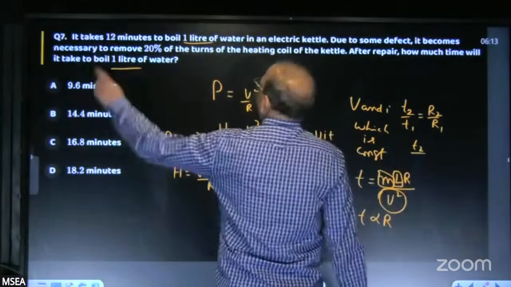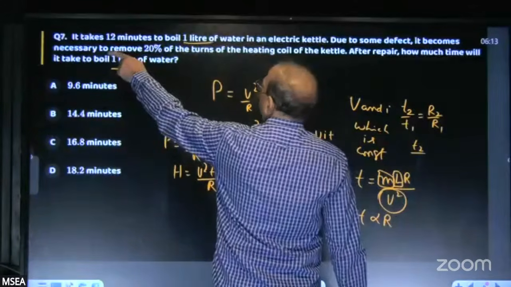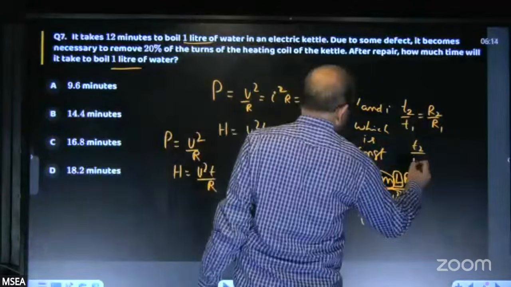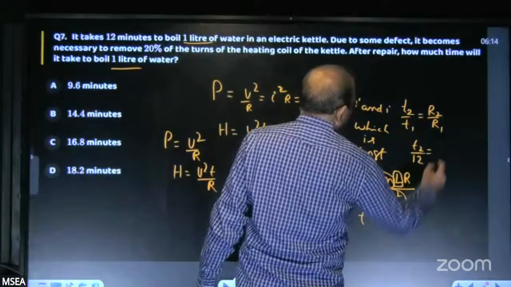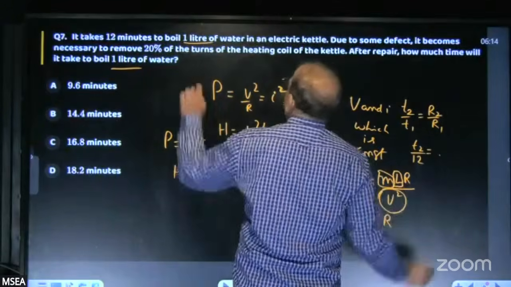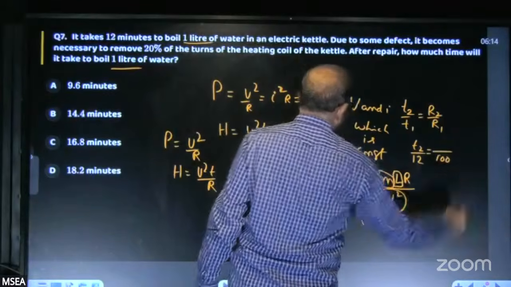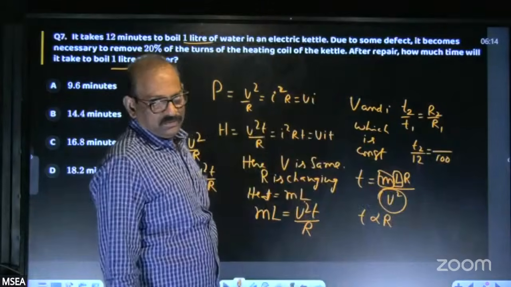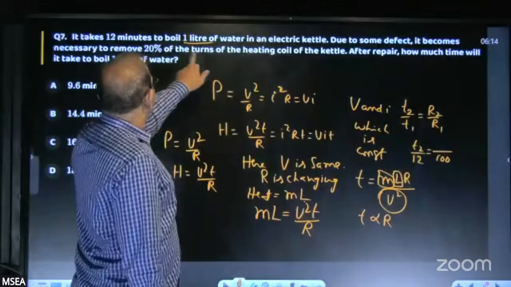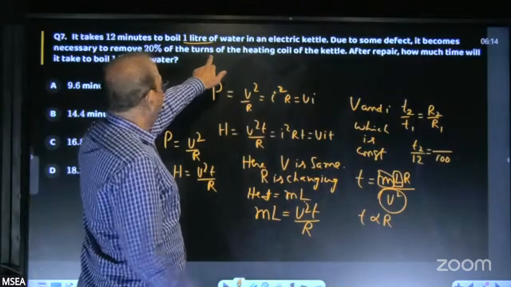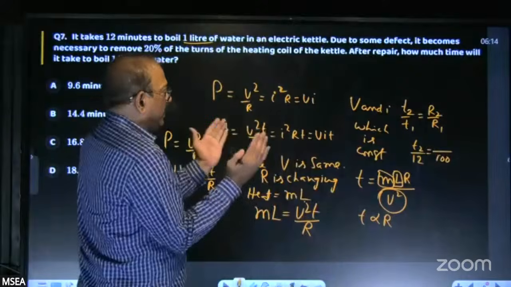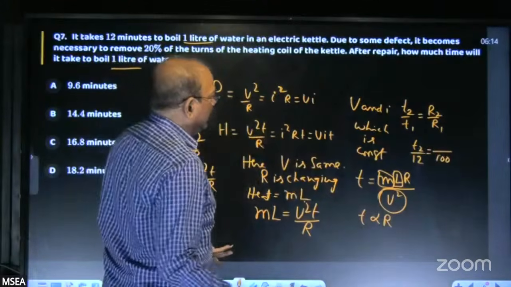T2 by T1, where T1 is 12 minutes. R1 is given as a percentage, so I'm taking 100. 20% of the turns of coil cut and removed means the remaining coil length is 80%.